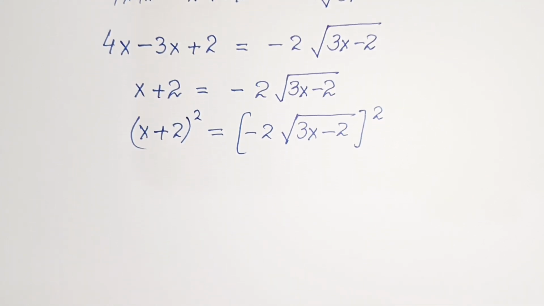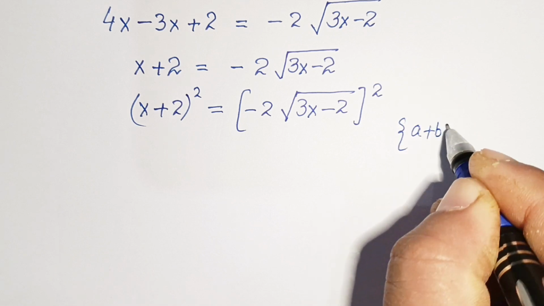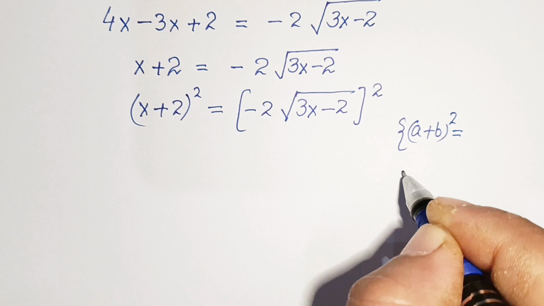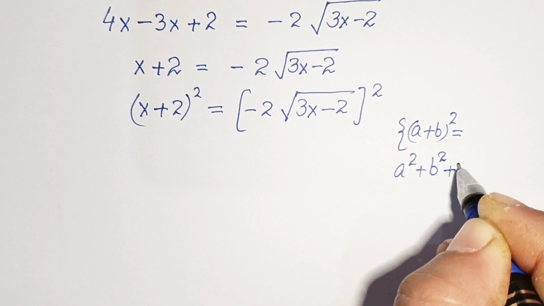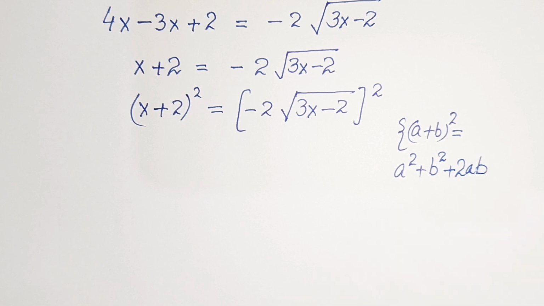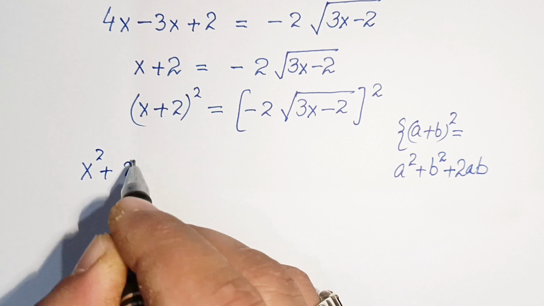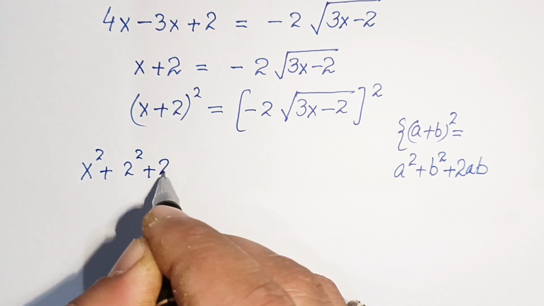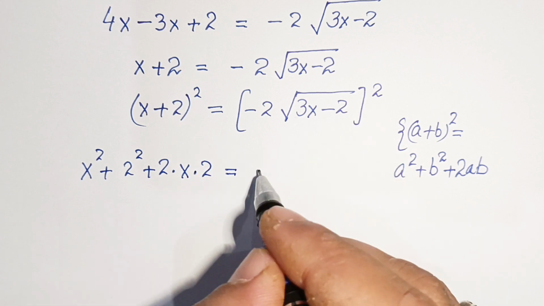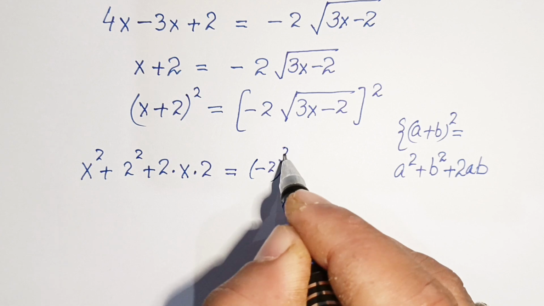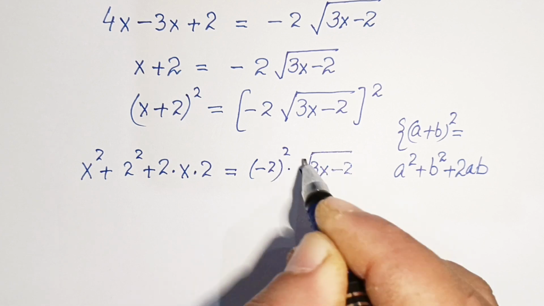Now x plus 2 whole squared can also be written as, we know that a plus b whole squared is equal to a squared plus b squared plus 2ab. So here we have x squared plus 2 squared plus 2 times x times 2, which is equal to minus 2 whole squared times square root of 3x minus 2 whole squared.